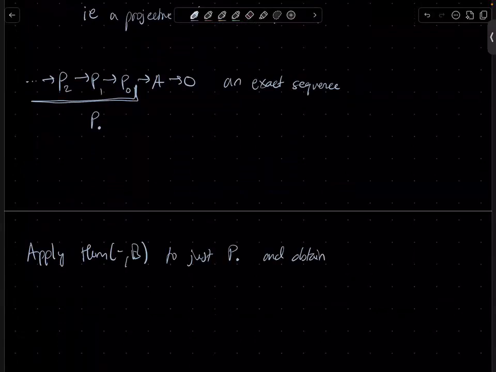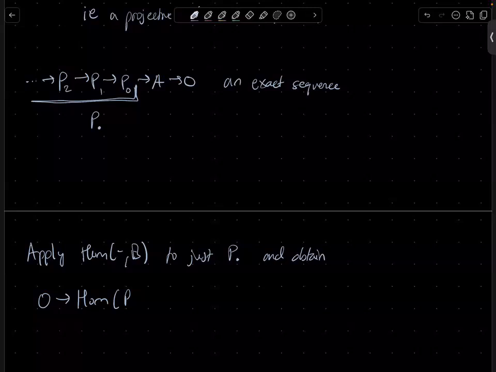Now it's flipped, and I can always prepend by 0 since I'm just having a cochain complex now. 0, then P0 B, then P1 B, then P2 B, and so on and so forth.